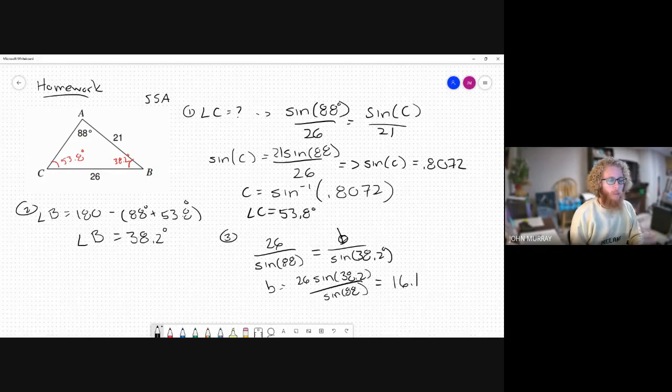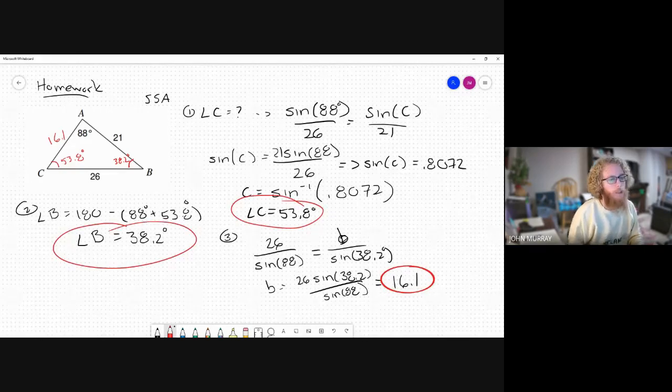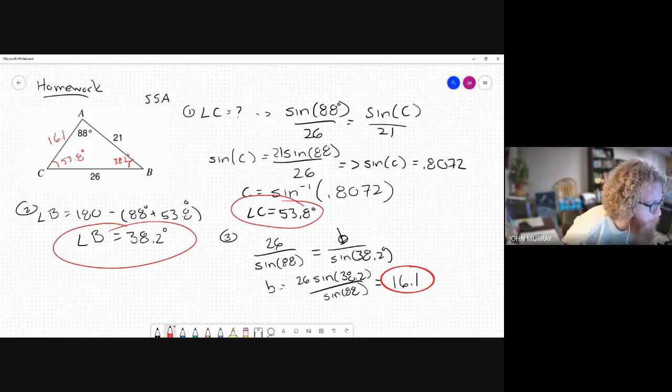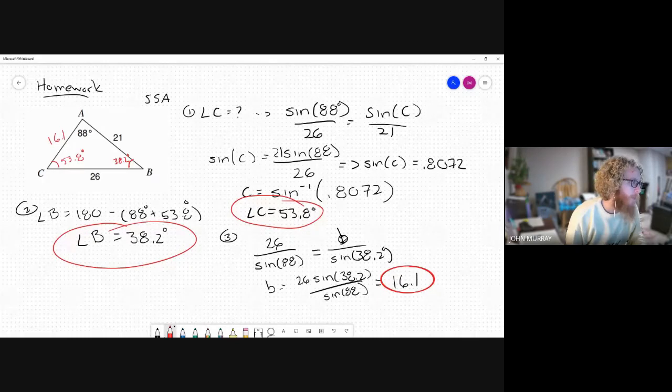So for that, I'm going to say 16.1. All right, so we found the 3 missing parts. So again, side B, 16.1, angle C, 53.8, angle B, 38.2. Any questions?